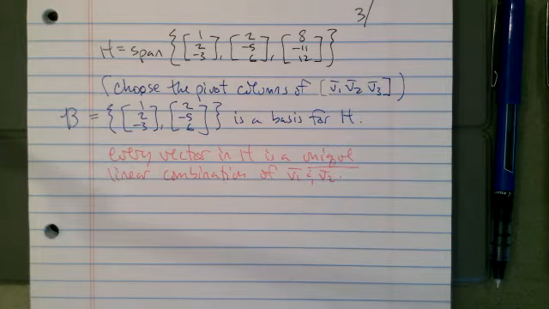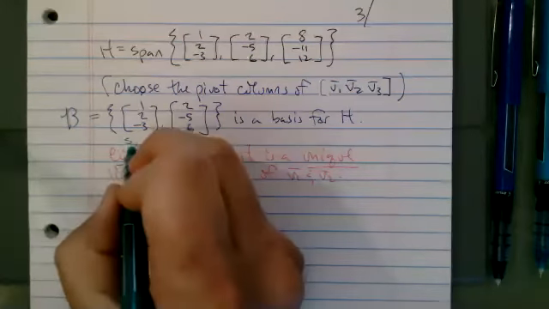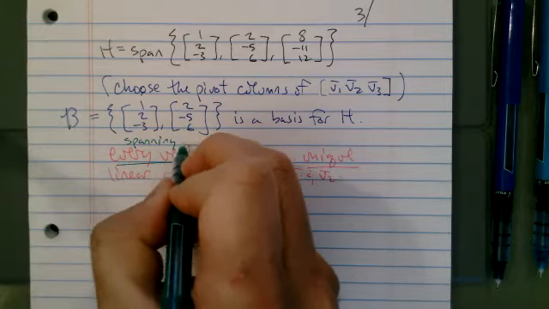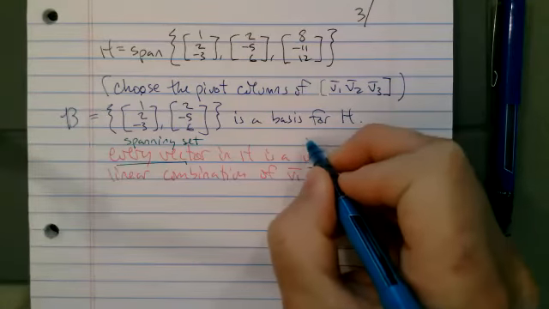So every vector in H is a unique linear combination of V1 and V2. We know we get every vector because this came from a spanning set. Every vector, because spanning set. Unique, because linear independence.